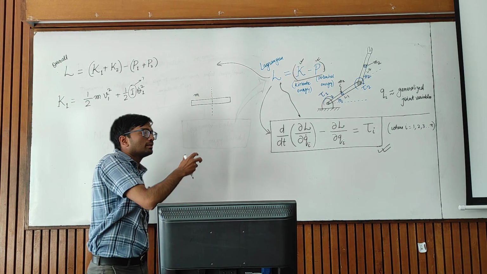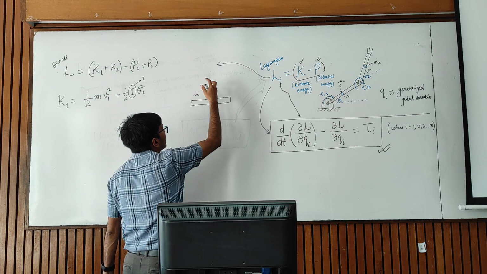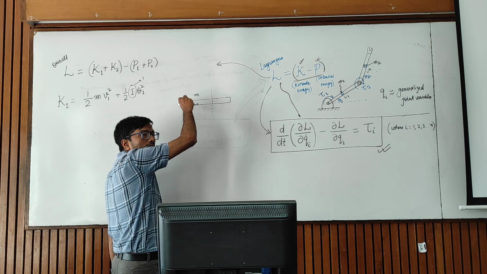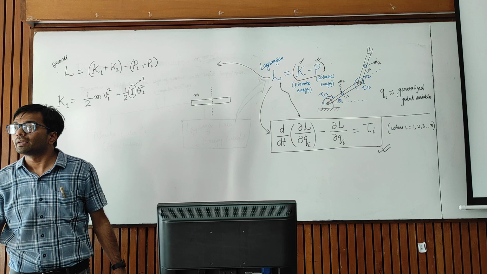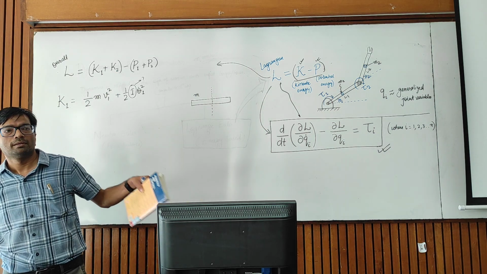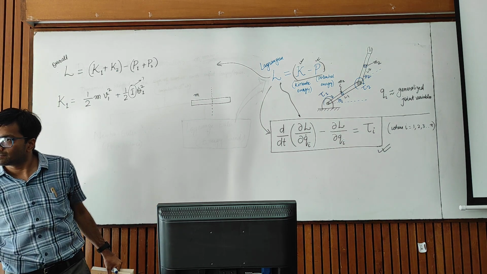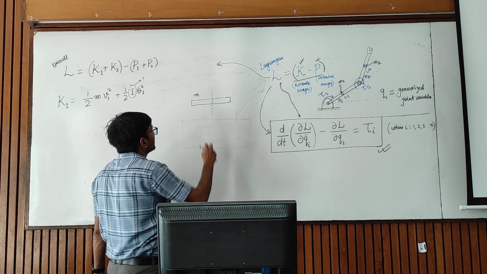So in that sense, more precisely in the formula sense, it is the mass distribution from the axis that will decide its inertia. How far it is, I mean how it is distributed throughout the axis. That is why mr square.